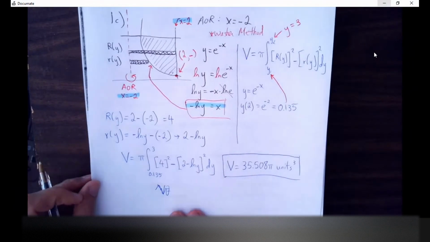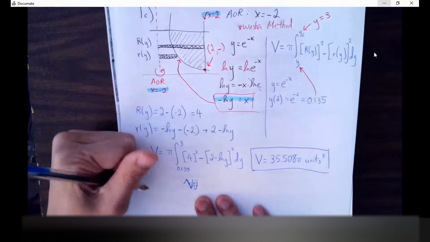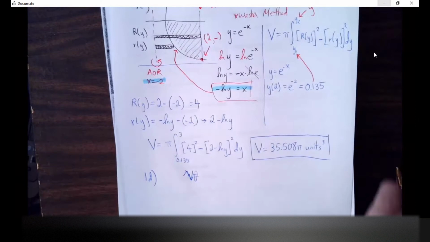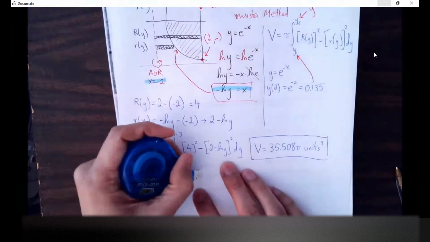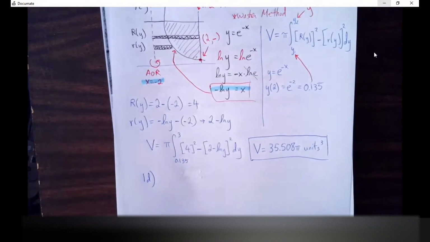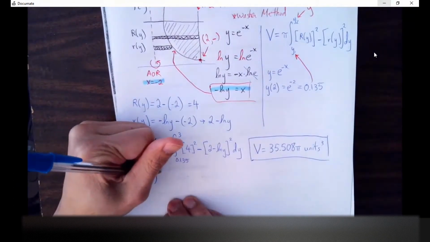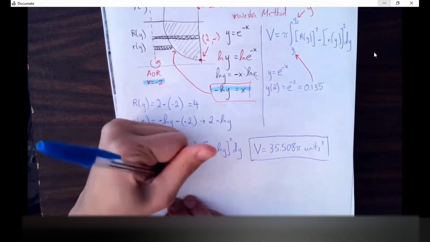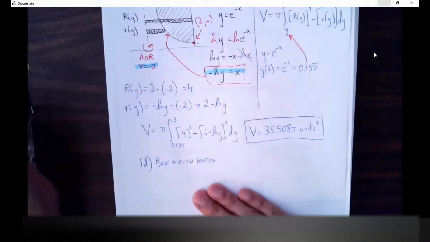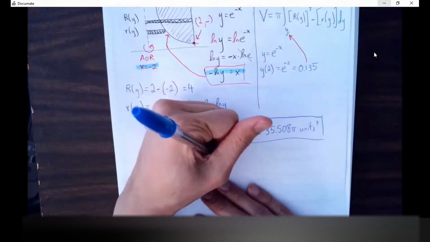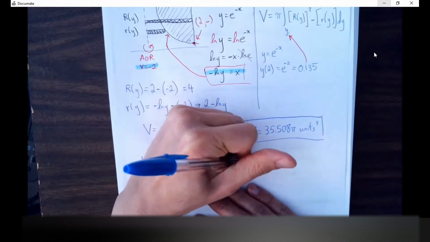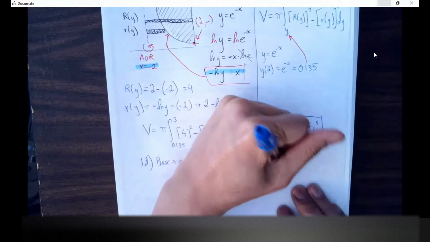All right, let's do one of each type here. We'll do part D as well. And part D will be cross-section. Same shaded region, though. And let's do perpendicular to the y-axis.